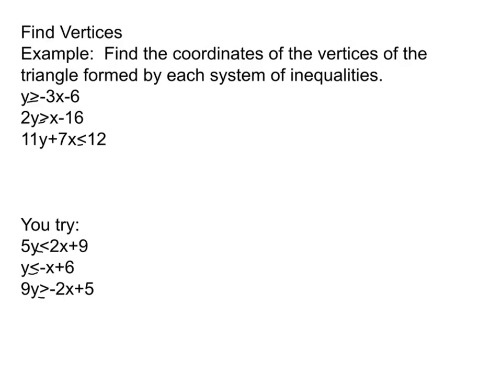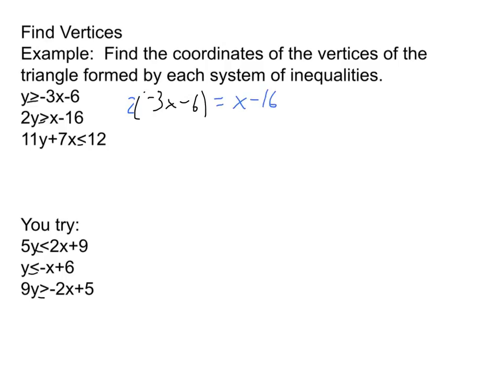We would be looking at y equals negative 3x minus 6. Well, I can use substitution and plug that into the second equation. So 2 times y, oh, not y anymore, we know what y is. Y is equal to negative 3x minus 6 equals x minus 16.